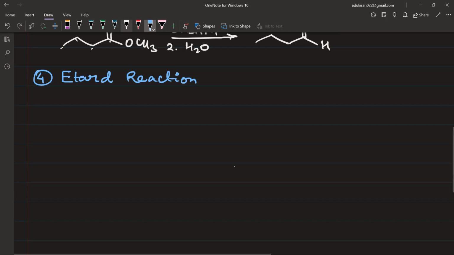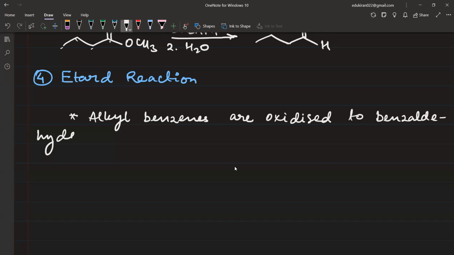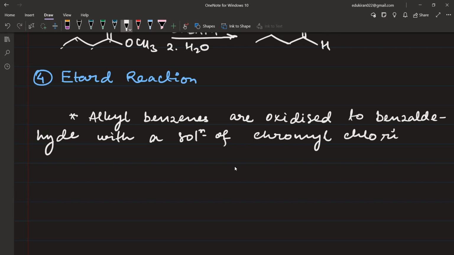Etard reaction. In the Etard reaction, please write: alkyl benzenes are oxidized to benzaldehyde with a solution of chromyl chloride in CCl4 or CS2.